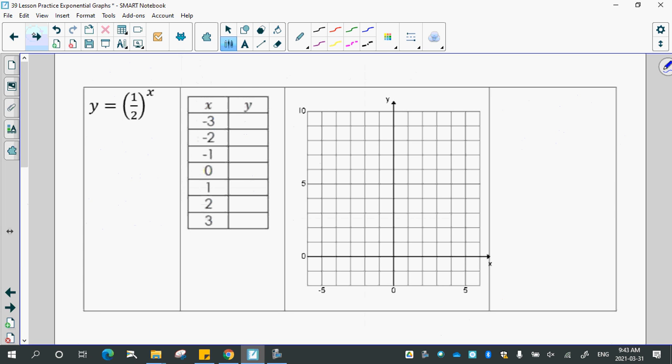Okay, y equals a half to the x. Different parent. So think about doing 1/2 to the -3. What would you do with that? Yes. So flip this half to 2/1, which is just 2, and then change your exponent to positive. And 2 to the third is 8. So -3 and 8 is a point.